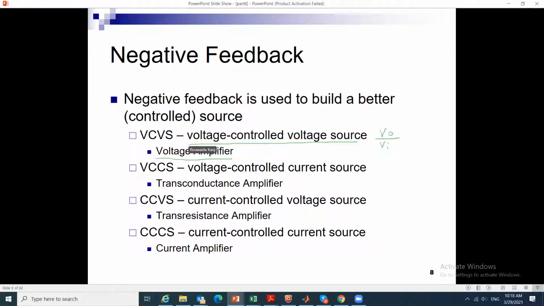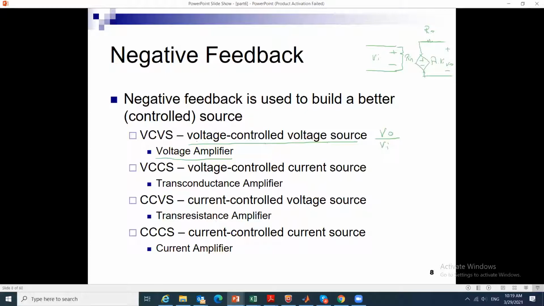For this voltage controlled voltage source, in its most ideal case, I will have plus or minus Vn, and I will have a gain of plus or minus A times Vn, and this is the output. Of course, in real life I will have a resistor Ro and a resistor Rn here. This is the voltage amplifier as you know it.